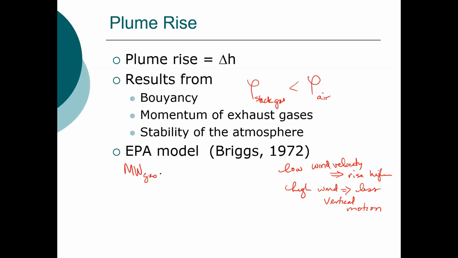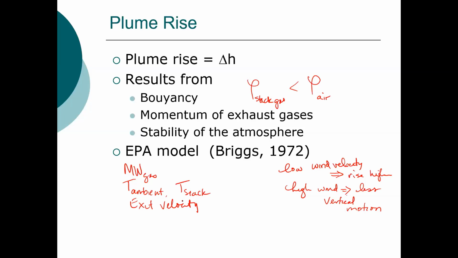That's important. Both the ambient temperature and the stack temperature will play a role, as will the exit velocity. And we will take all of these into account in predicting plume rise.